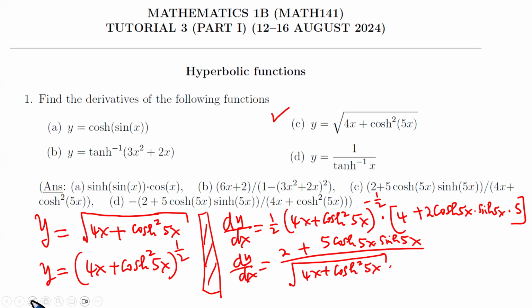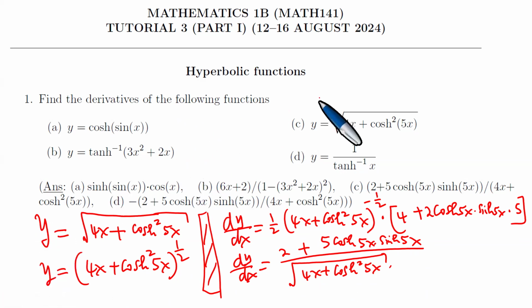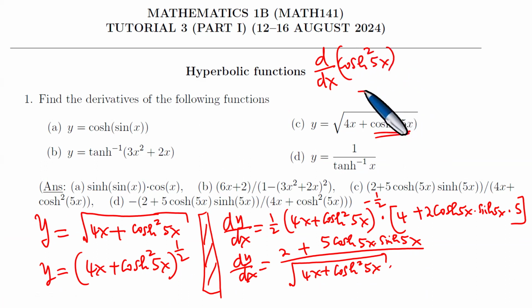Now, a couple of things remain very important. What are the things? It is the chain rule. That is the most holistic rule of differentiation. In other words, if we need to find the derivative of just this term alone, the cosh squared of 5x, how do we find that derivative? First, we bring down the 2. And then you have the cosh.